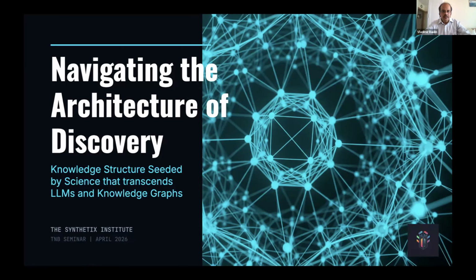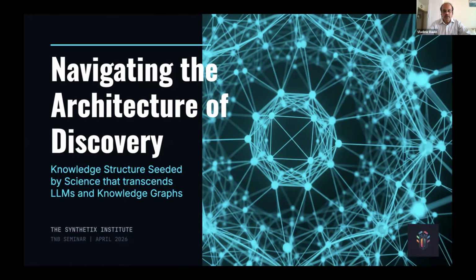Based on this method, we have also created Synthetics Institute, which is a basis to connect researchers and the general public with this knowledge, which is not in the form of silo PDFs, but consistent knowledge as a manifold. It goes beyond knowledge graphs. They start with knowledge graphs, but beyond this, it's a manifold where theories and equations are interconnected, and it is much easier to navigate than going through each individual paper. So this is the objective.